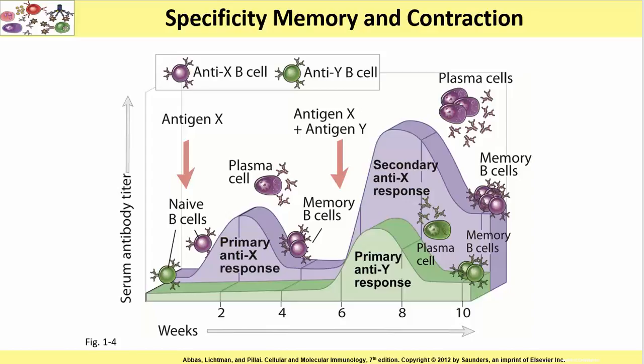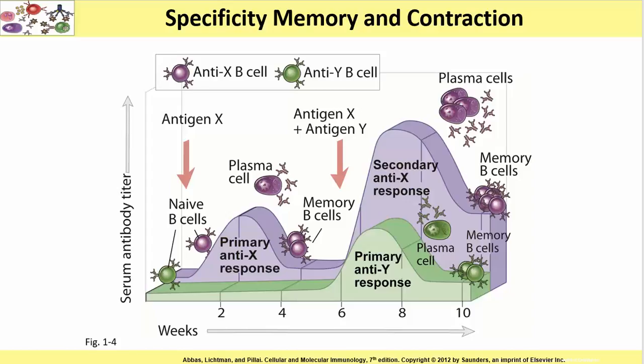The secondary response happens with the second exposure of the antigen, and it is much quicker and really amplified and creates a lot more memory cells for the tertiary response.